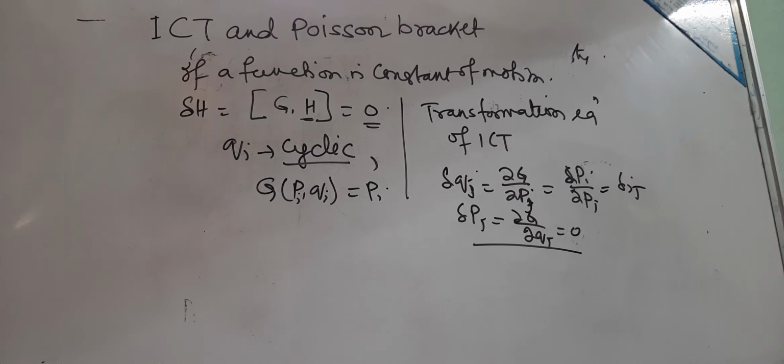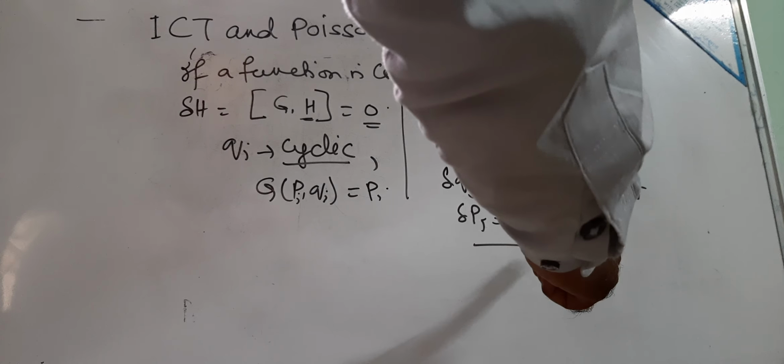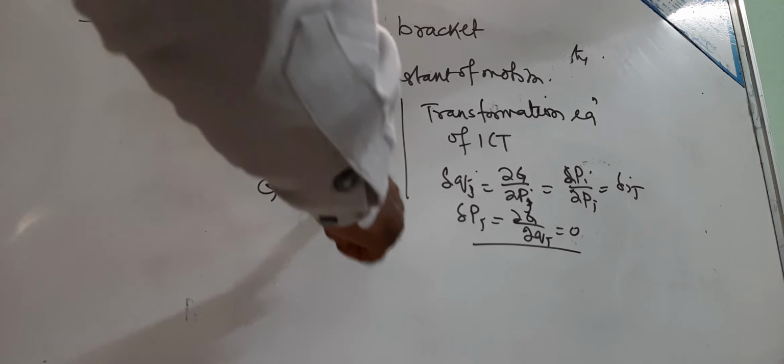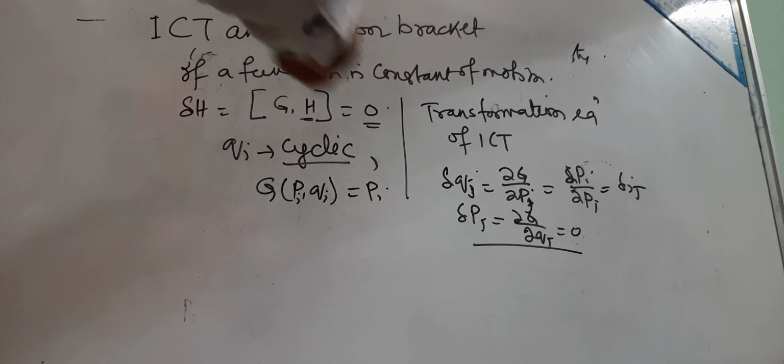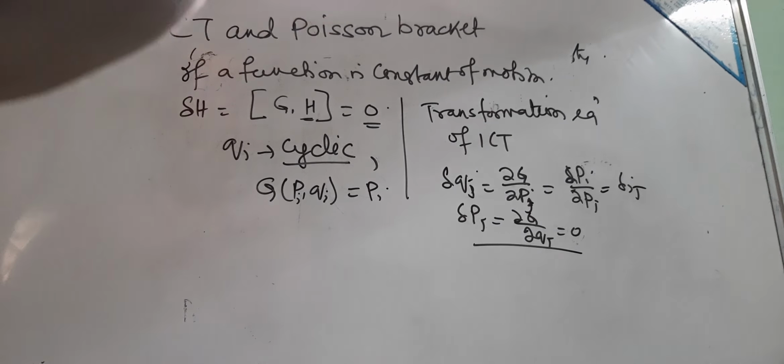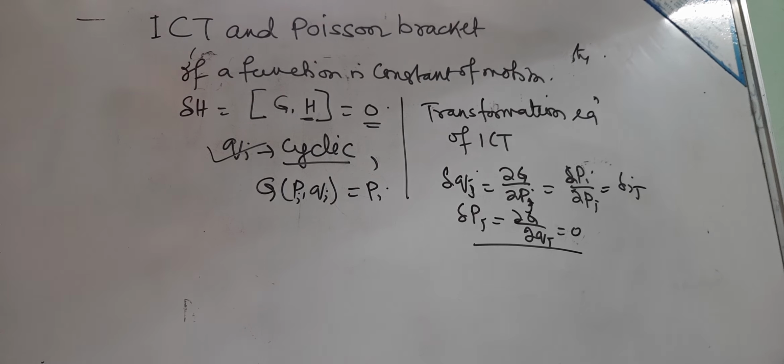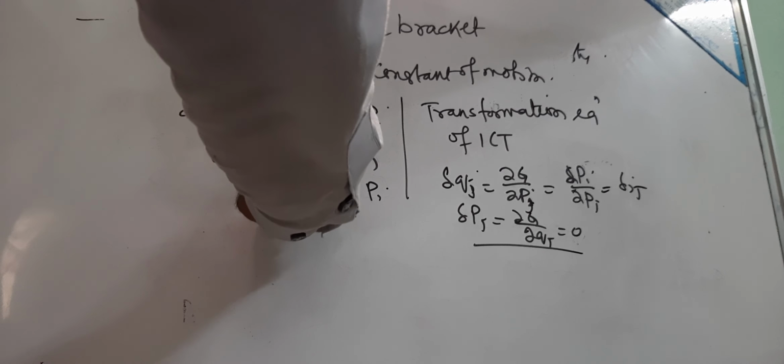So this is exactly the infinitesimal displacement of qj, and that is only qj. So we get the idea of momentum conservation: if the coordinate is cyclic, then its conjugate momentum is a constant of motion.